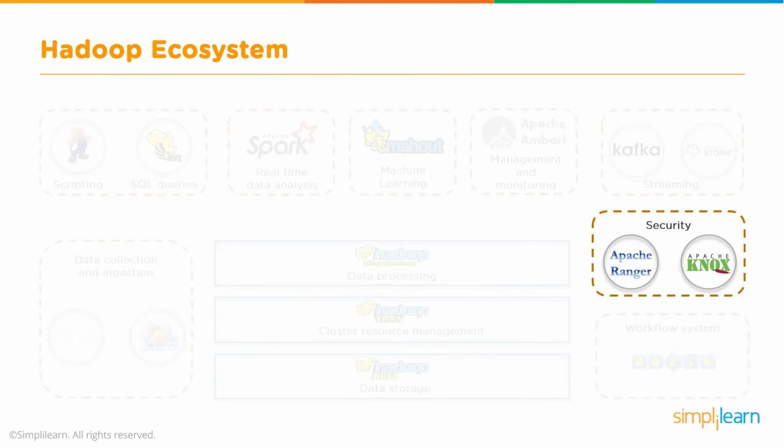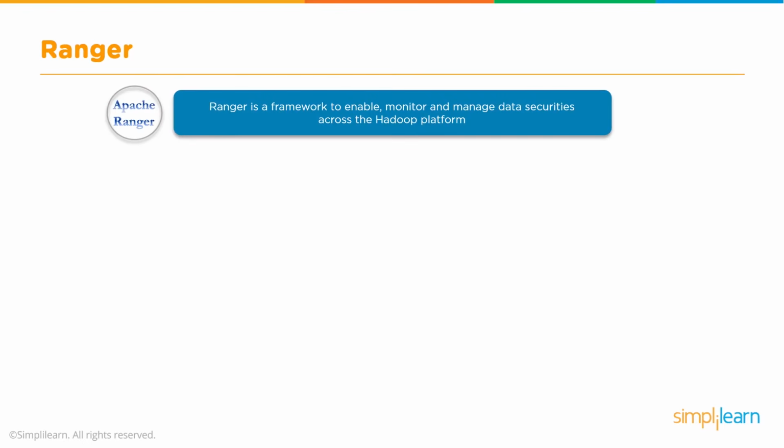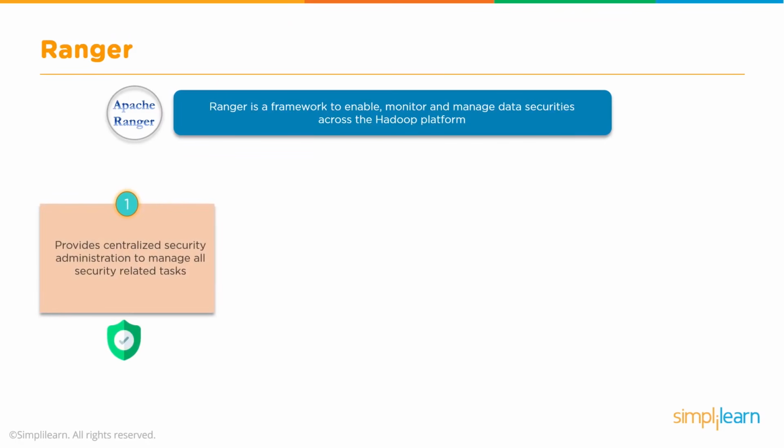We probably should talk a little bit about security. Security in Hadoop has the Apache Ranger and Apache Knox are the two most popular ones. And the Apache Ranger is a framework to enable, monitor, and manage data securities across the Hadoop platform. So the first thing it does is it provides centralized security administration to manage all security-related tasks.